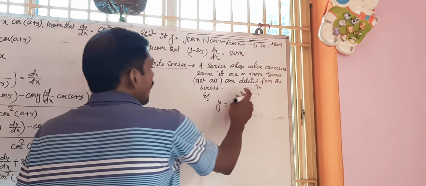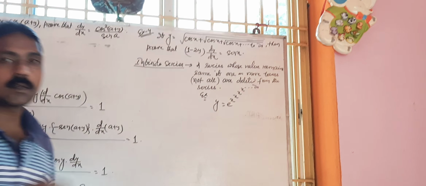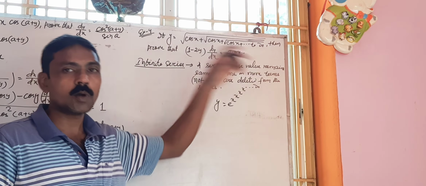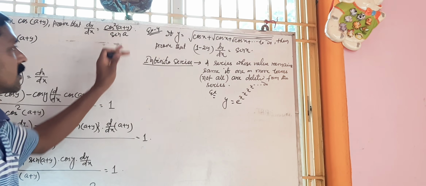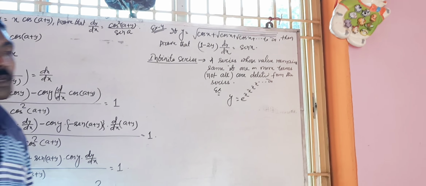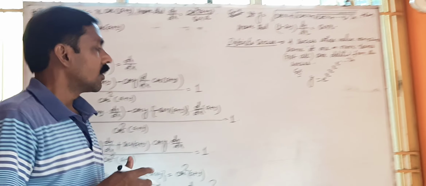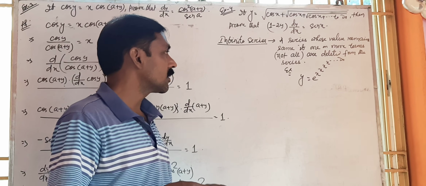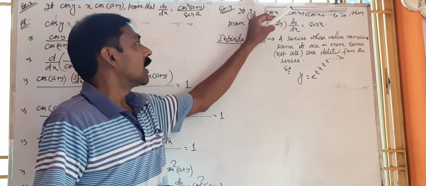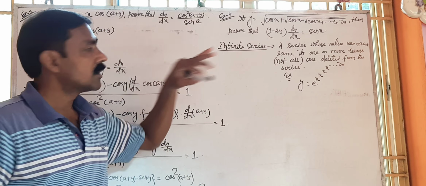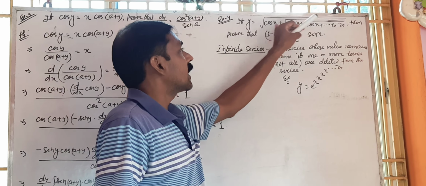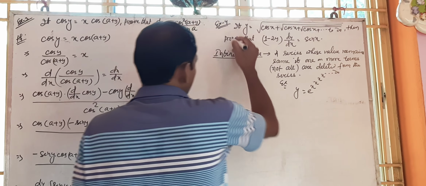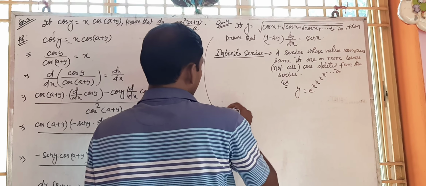Here if you remove 50 x powers from last, then also you will get infinite, because there is no end and the value is even same. So this type of series are known as infinite series. And what is the method to find the derivative of this type of function? Here y is this, so we can write it in terms of y. So here the solution, we now come to the proof.